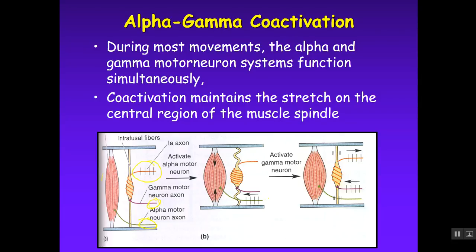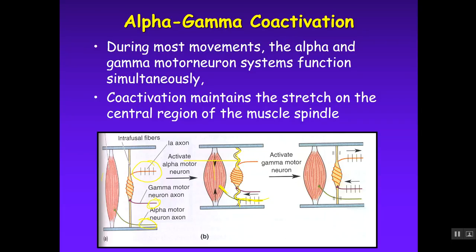Now, if I just sent a signal through the alpha motor neuron and it contracted, now the ends of this muscle spindle go on slack, and now we're getting no signal from that muscle spindle. And no signal doesn't give us much information. At a certain point, it gets so slack that I no longer get continued information about whether my muscle's getting shorter, because it's turned off.